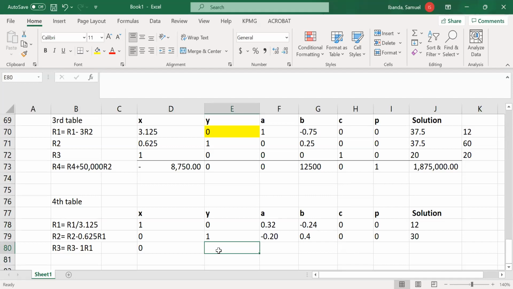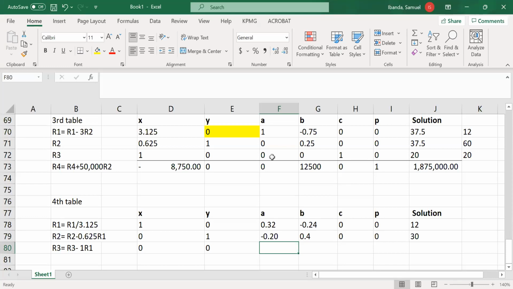Then when it comes to y, remember we have our y, our R3 that is current here is 0, minus R1, which is 0. So this will also still be 0. Let's try this. This is R3 minus R1. Remember we have this 0.32, which is our R1.